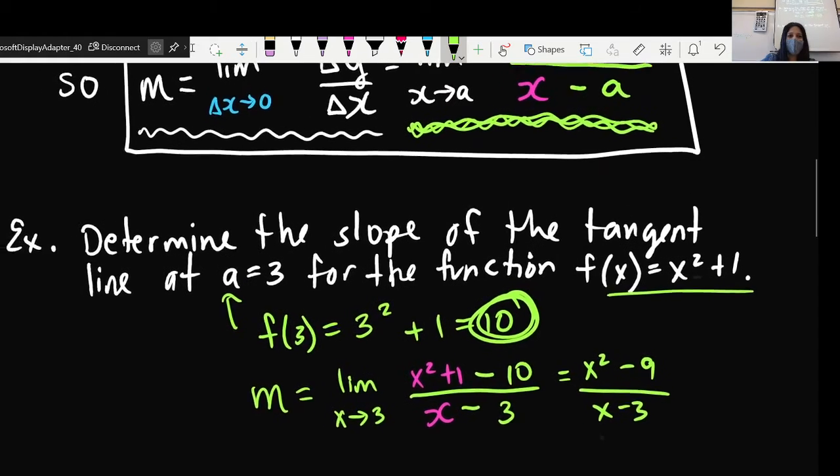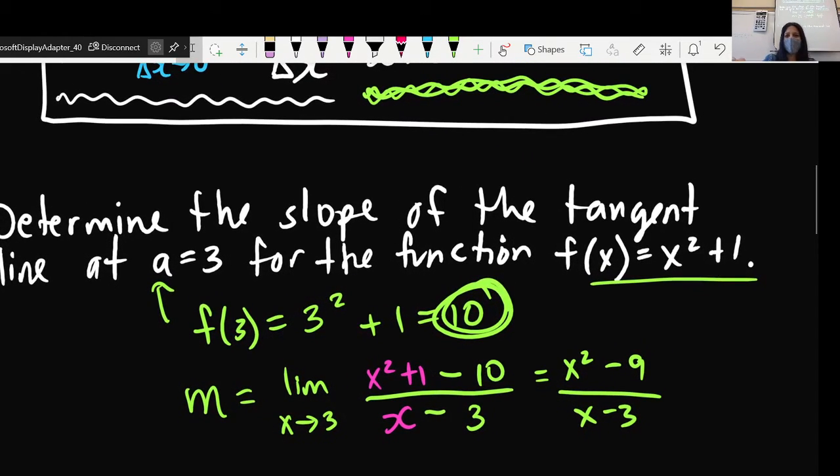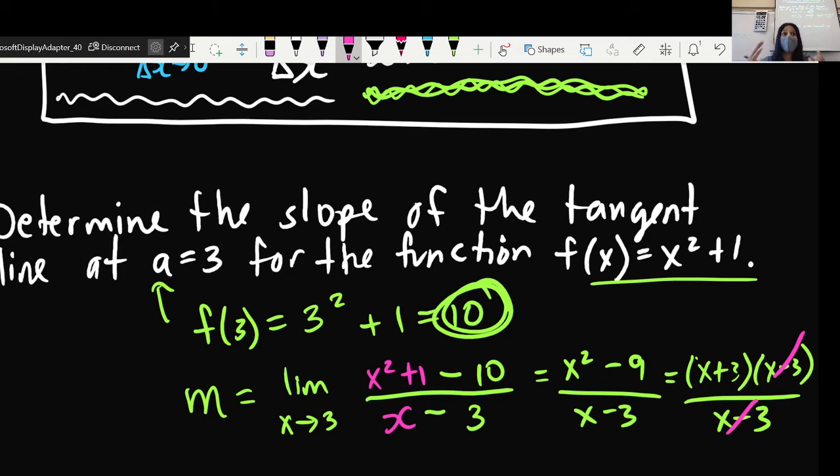And then you'll notice this pattern, how it magically works out to numbers that are so nice and easy for us to work with, because what happens at the top? It's a difference of squares, so we can factor that to make it x plus 3 times x minus 3, and at the bottom we have an x minus 3, so you see what I mean about how it perfectly, idealistically all works out.